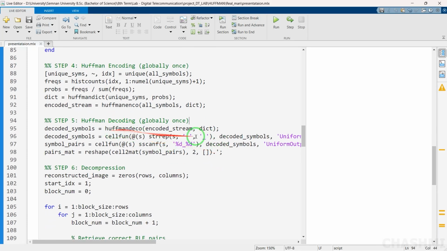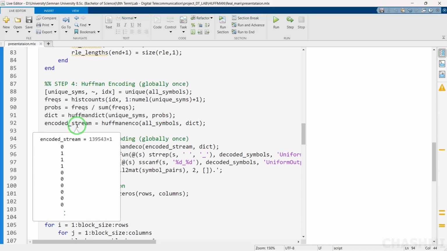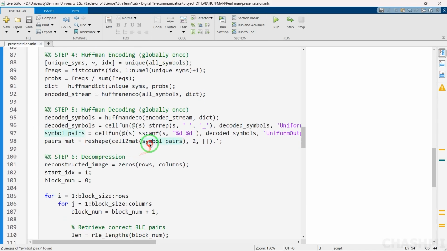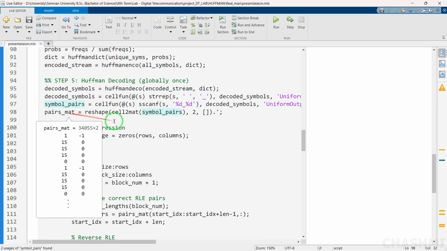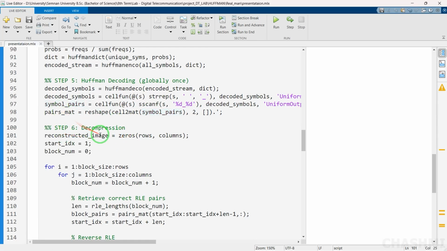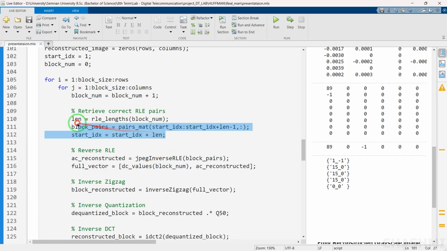So we are going to do the decoding and reshape it just to make it look normal, because it's not looking normal in here. We have to do the reshaping to make it look like Paris in here. Then we are going to give it to the RLE.